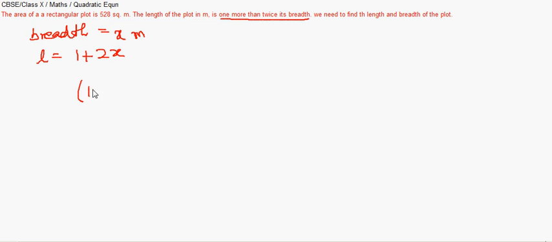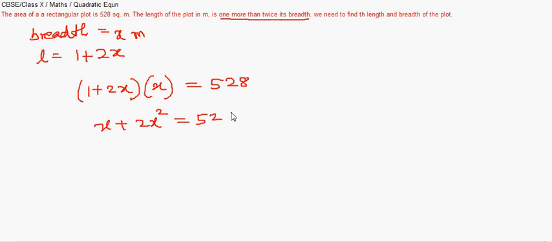So it is (1 plus 2x) into x, which is given as 528. Let's remove our bracket. That will give us x plus 2x square is equal to 528. And if I rearrange this equation, we get 2x square plus x minus 528 equals 0. This is what we were trying to find out from the word situation given.